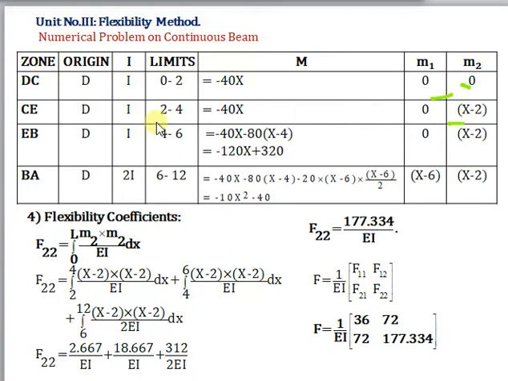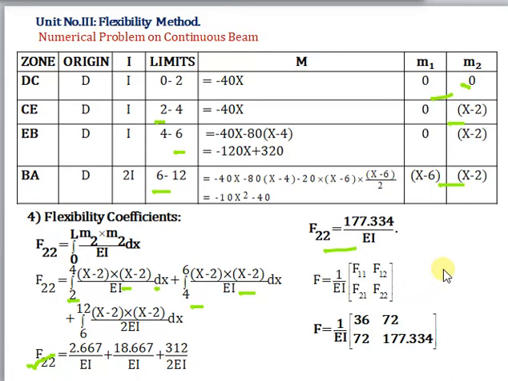Now the second zone, limit is 2 to 4, and the value is (x minus 2) into (x minus 2) divided by EI into dx, plus the next zone, EB, limit is 4 to 6, so (x minus 2) into (x minus 2) divided by EI into dx, and the last zone BA, limit is 6 to 12, and the value is (x minus 2) into (x minus 2), and the moment of inertia is 2I, therefore 2EI into dx. So by solving, f22 comes out to be 177.334 divided by EI.